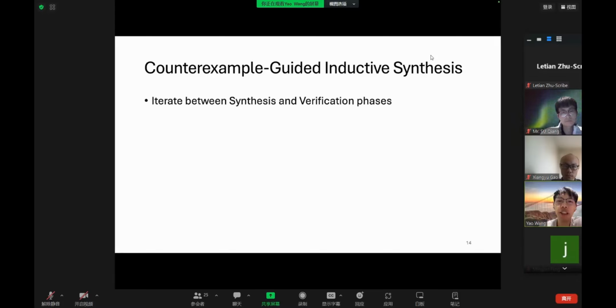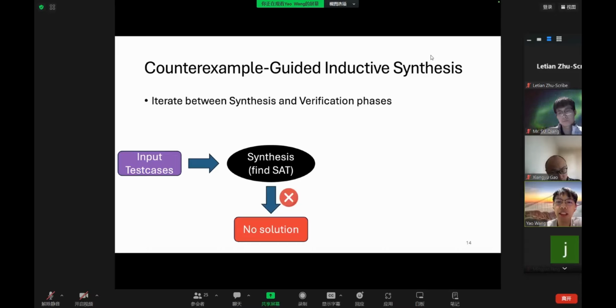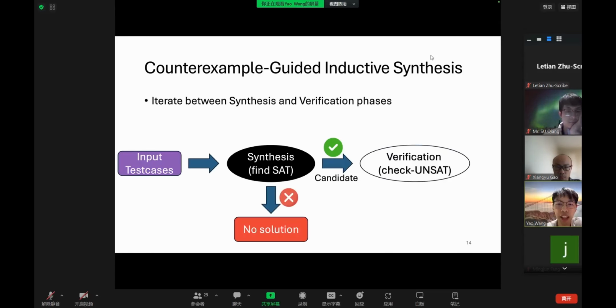And it uses CEGIS as a subroutine in program synthesis. CEGIS divides program synthesis into two phases: the synthesis phase and the verification phase, and iterates between them. Briefly, it initializes a set containing selected test cases from the whole input space. Then the synthesis phase explores a solution that satisfies all selected test cases.